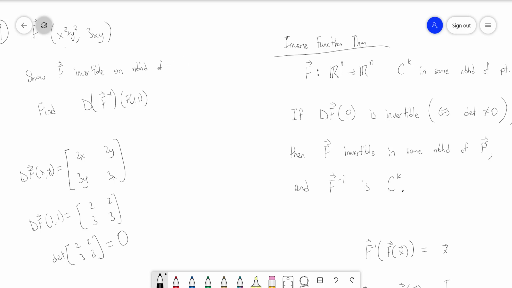I can make the problem work if I change the point 1, 1 to something else. So let's do that real quick. Maybe the point 1, 2 would work better.